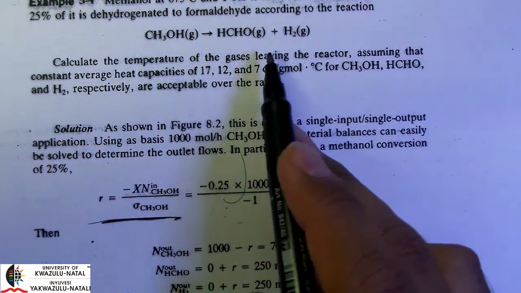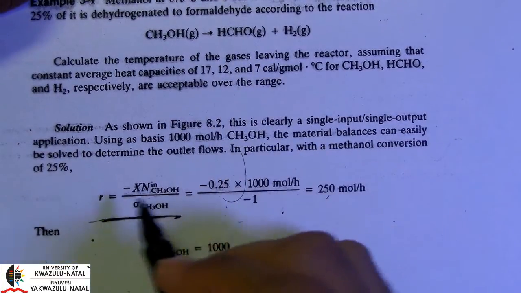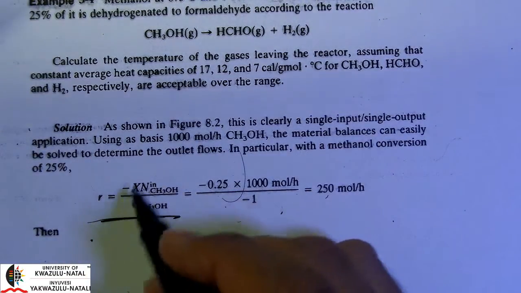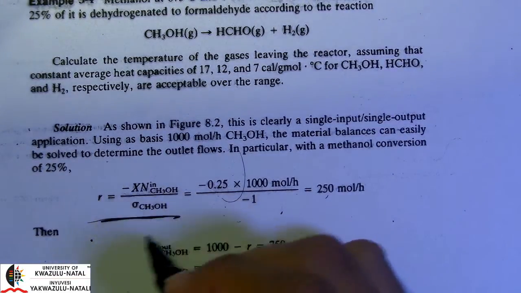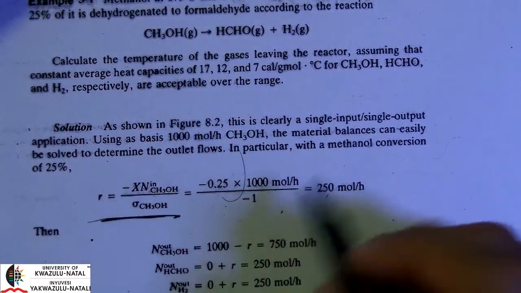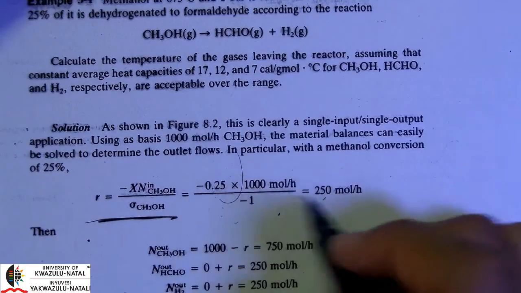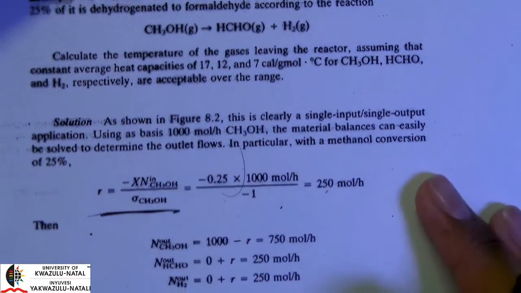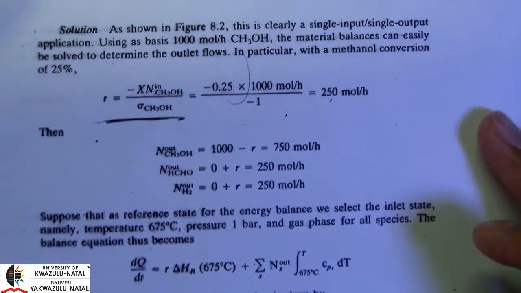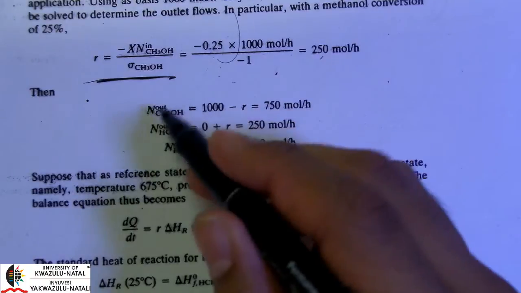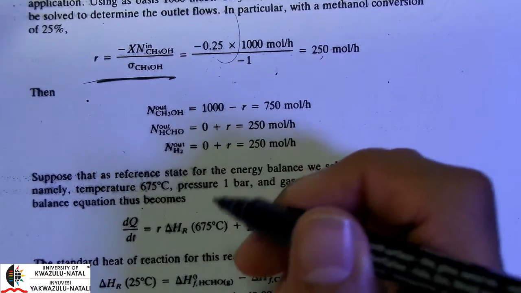We have simply one reaction, so we can easily solve for our overall reaction rate using our typical reaction rate formula for single reacting systems. So that's our reaction rate, and we can perform our material balance to get my stream outputs.